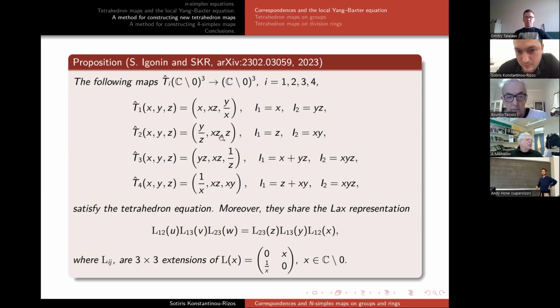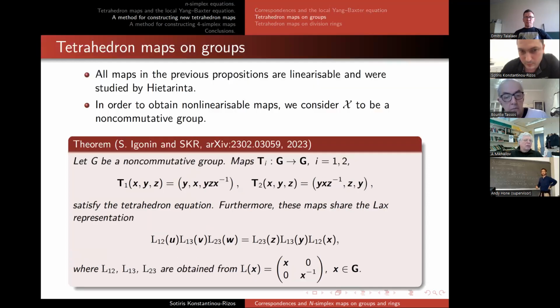So all these maps do appear in the work of Hietarinta, but how can you construct non-linearizable maps? You need to change your set.